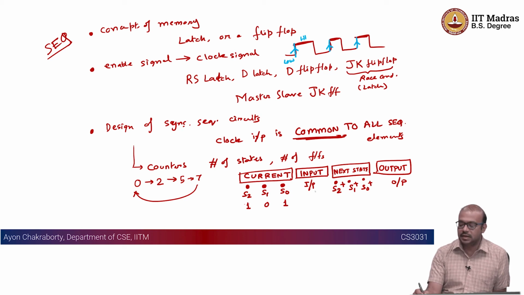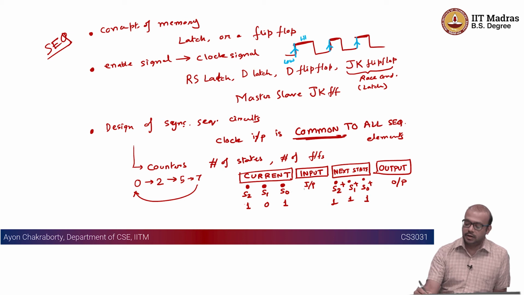In this case, either an input is explicitly mentioned, or it does not depend on the input. It could be a don't care also. So 1 0 1 basically goes to 1 1 1. What you need to figure out here is not the human-given inputs, but what will be the inputs to the flip-flops that we are using.